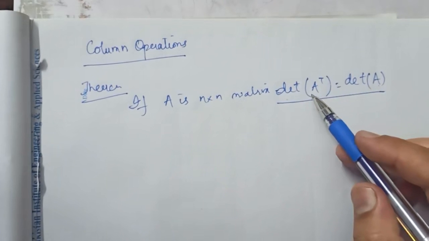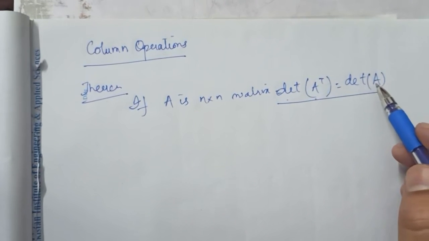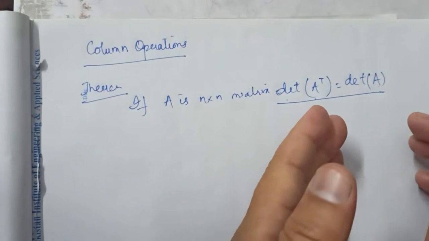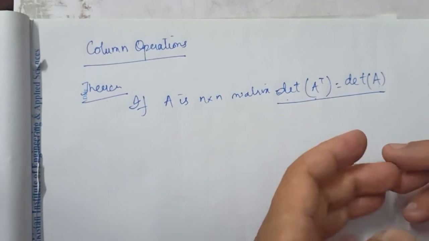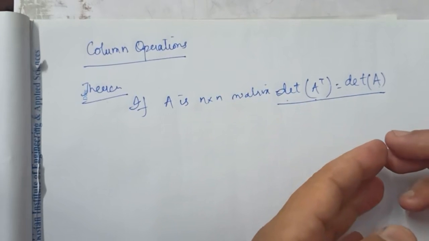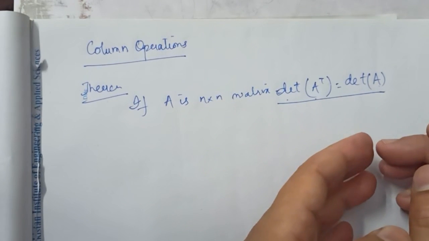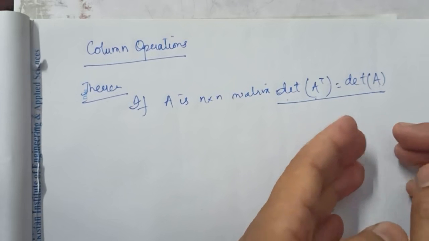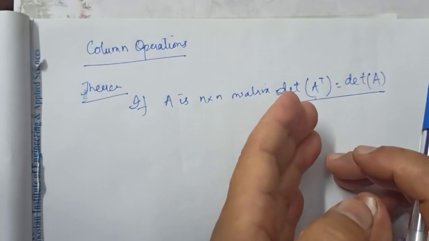So since the determinant of A transpose is the determinant of A, the rows in A are nothing but columns in A transpose, right? So the row operations that we are doing using the properties of the determinants that we just discussed are analogous to the column operations in A transpose, right?